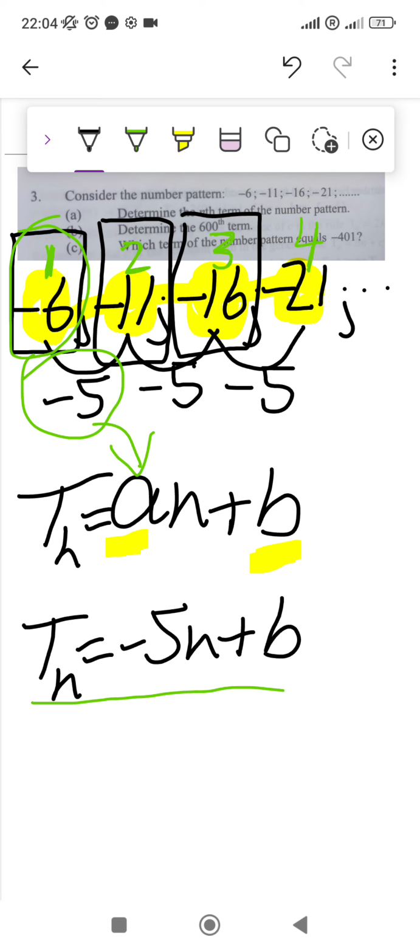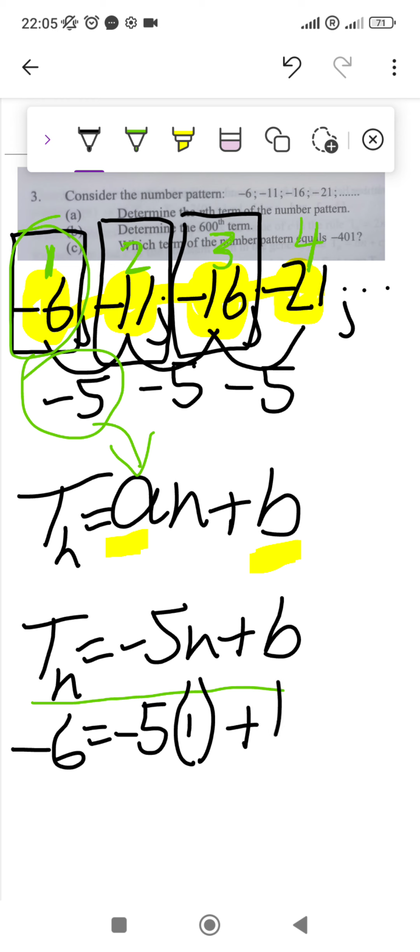Substitute means to replace. So we know at that first pairing, our tn value was minus 6. The minus 5 is going to stay, it's constant. The n value at that first pairing was 1. And then you have this plus b over here. All right, let's simplify this. My left hand side is still minus 6.